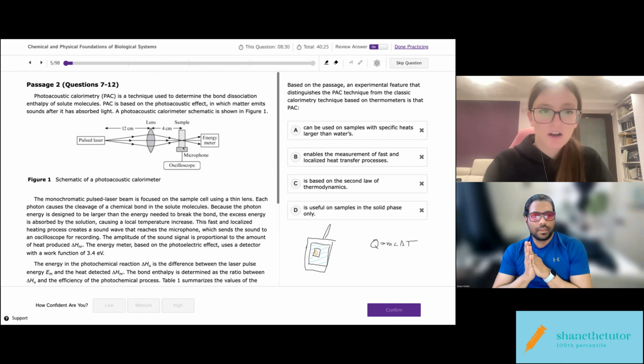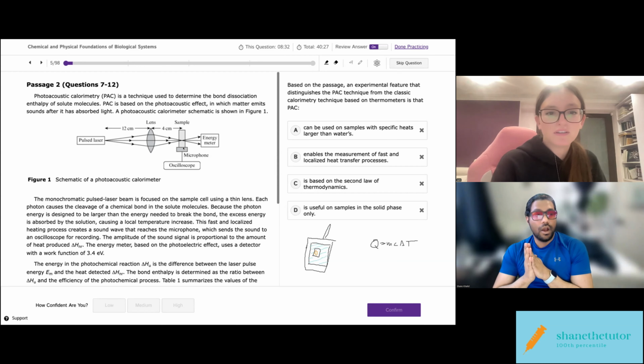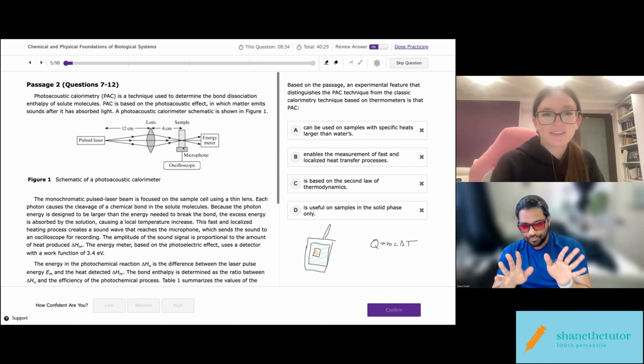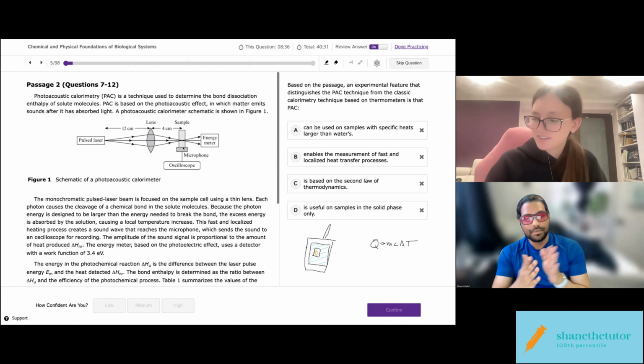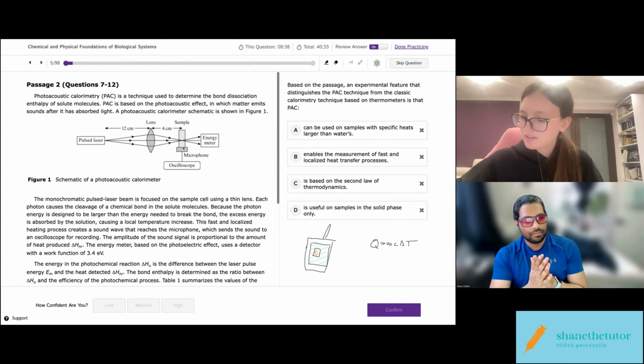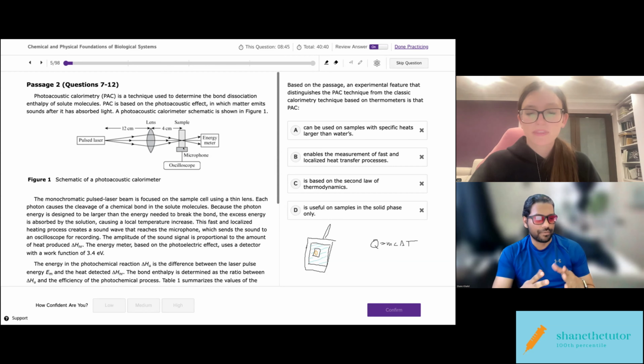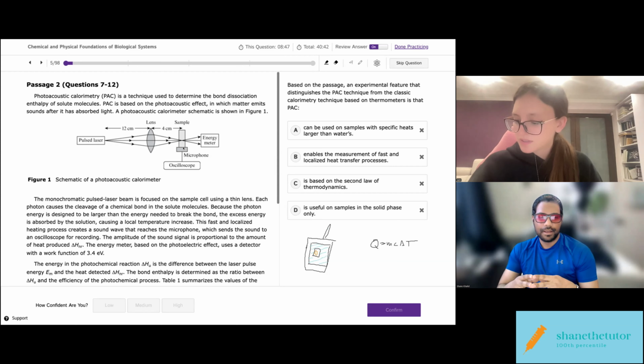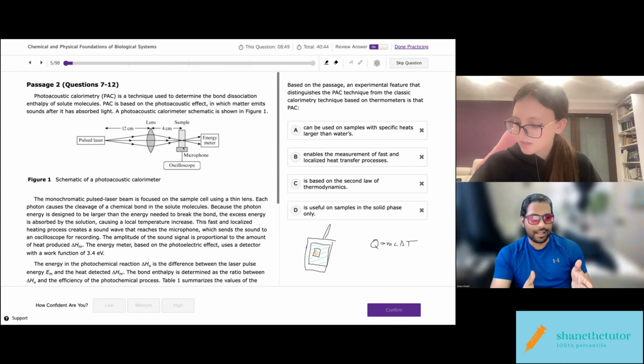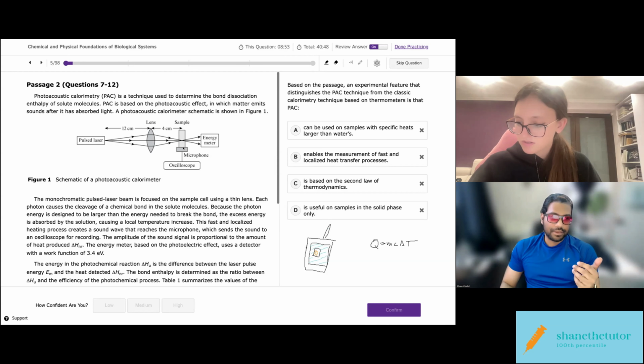Is it light that's traveling or sound that's traveling? It seems like it's kind of both, right? Because we know that light is being used and they're telling us about this thing called the photoacoustic effect.